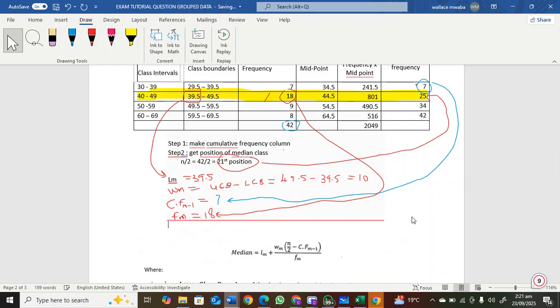So now once we've got all those values, we can calculate our median.